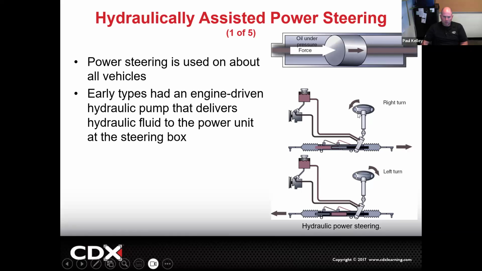A thing to remember is, the rack is still being moved by the steering wheel, but we're not really putting a lot of force on it. We're moving the steering wheel to control a valve. And then we're using the pump to actually push on one side of the piston or the other side of the piston.